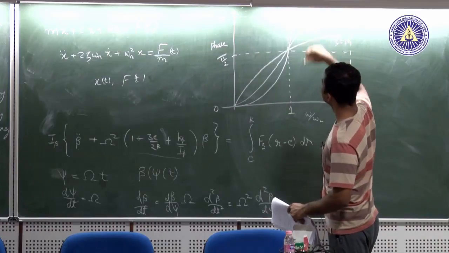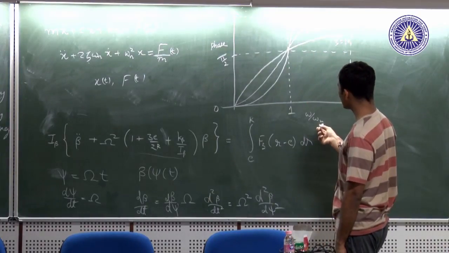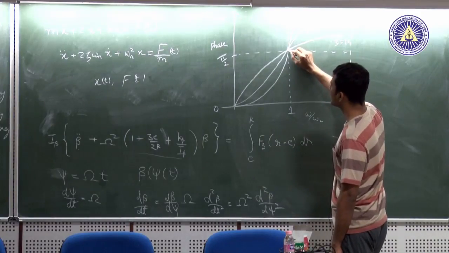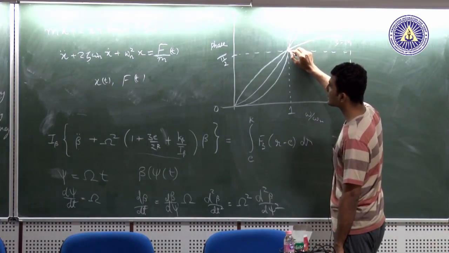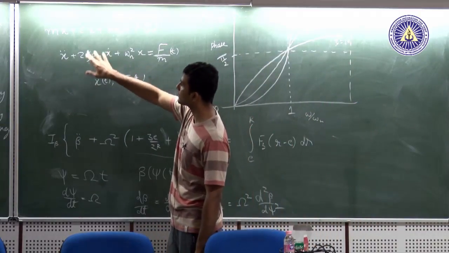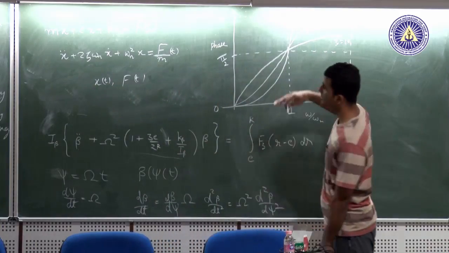What it shows is that if my forcing frequency matches the natural frequency of the system, essentially if I try to resonate the system, because I have some kind of viscous damping in the system, it will not blow up.